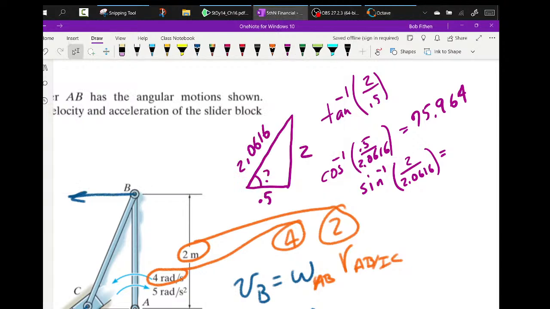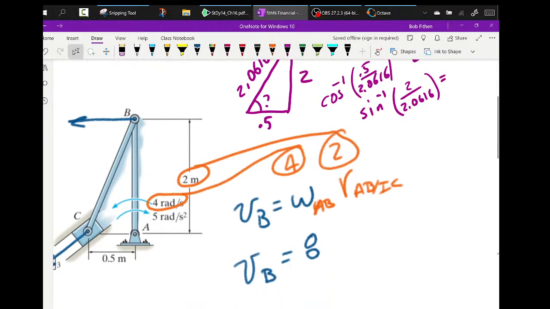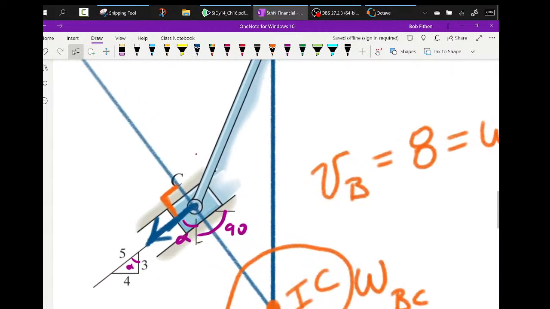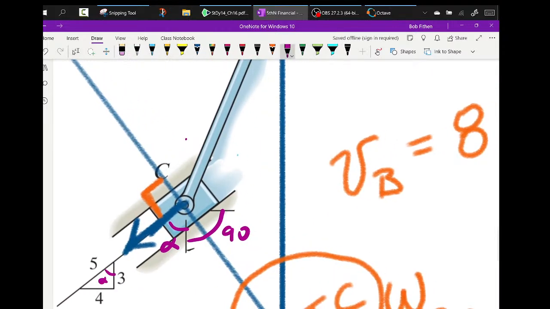So either way you get it, you're going to get this for the angle. Now, that's the angle that sits right here.